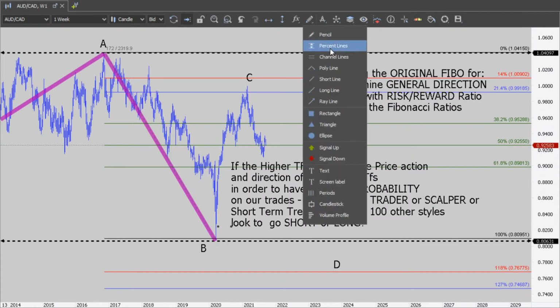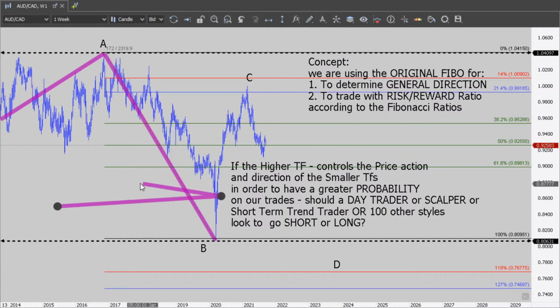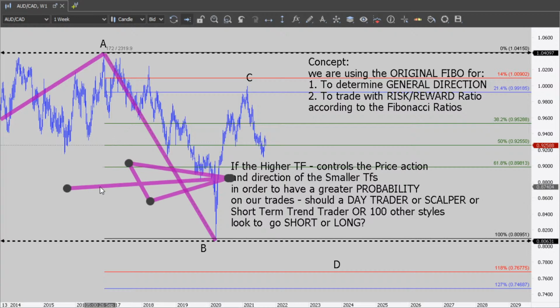This is a professional trader question when teaching the junior traders.